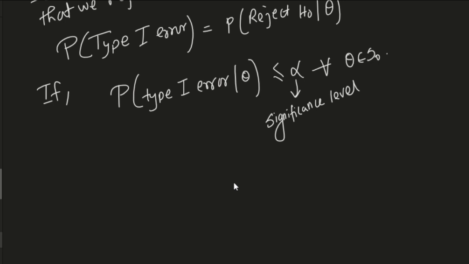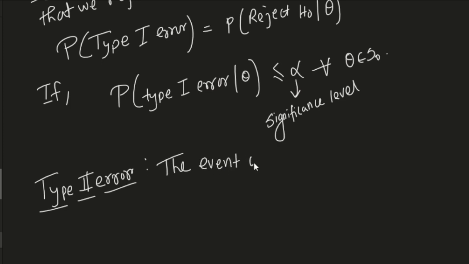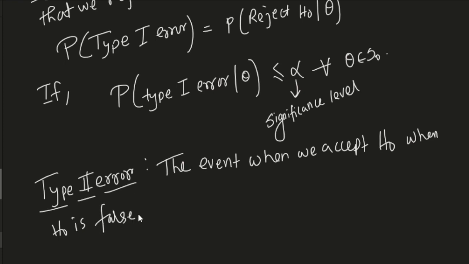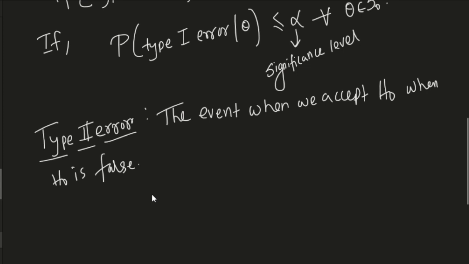Similarly, there is a type 2 error. This is called type 2 error, and it means that we are going to accept h naught when in reality h naught is not true, which is, h naught is false.